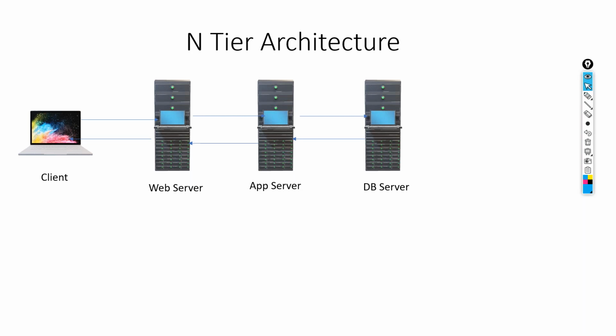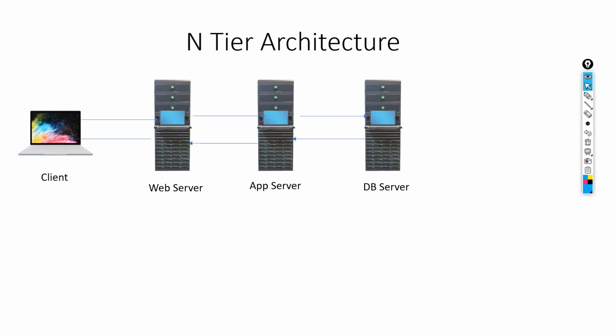So the web server mainly accepts the request from clients for all types of static content like HTML pages, images, and everything from a website. What it handles is the HTTP request between the client and the app server.